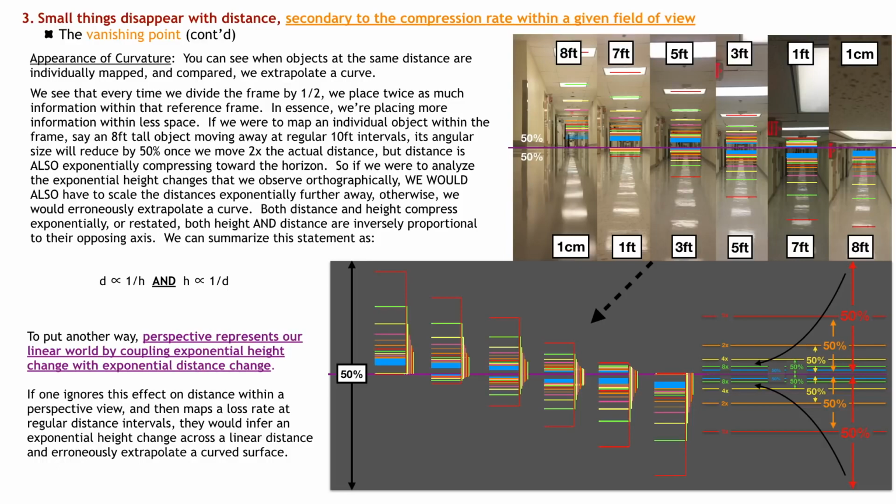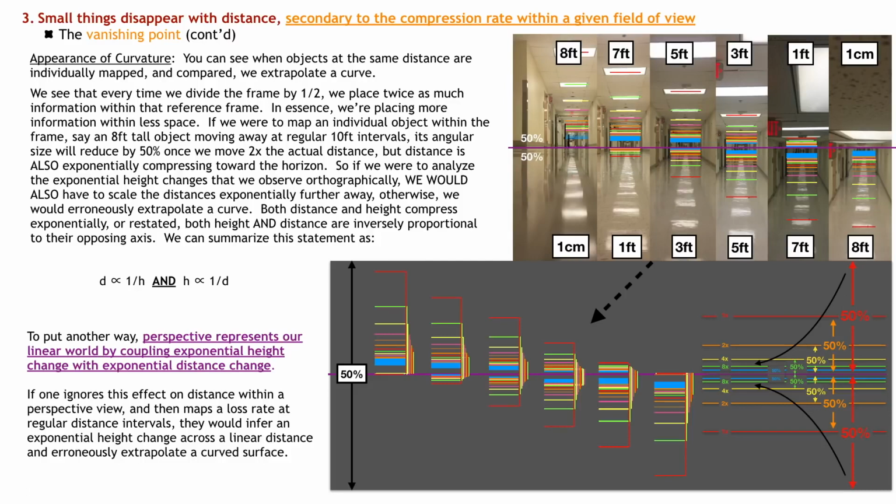Both distance and height compress exponentially, or restated, both height and distance are inversely proportional to their opposing axis. We can summarize this statement as below. Distance is proportional to 1 over height, and height is proportional to 1 over distance. To put another way, perspective represents our linear world by coupling exponential height change with exponential distance change.